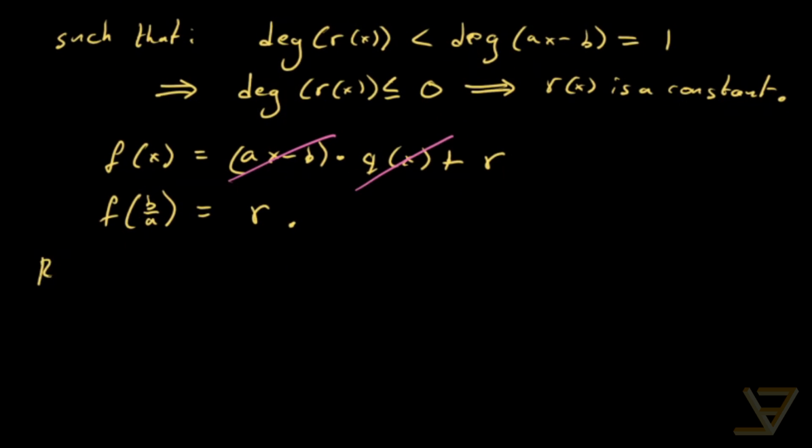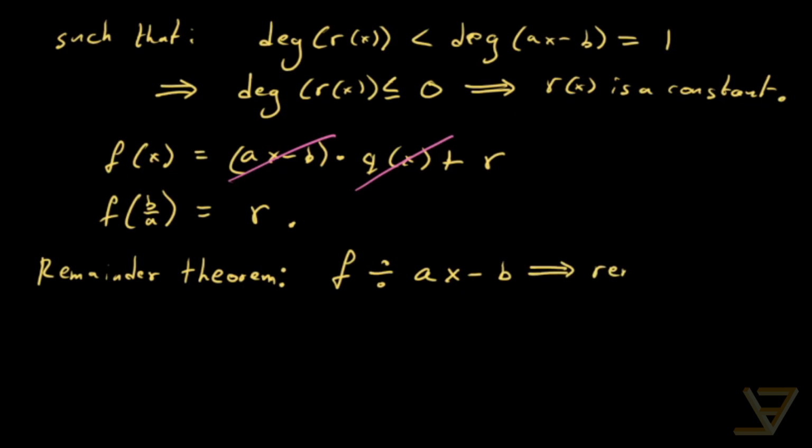The remainder theorem says that if you divide f by a linear factor ax minus b, then the remainder is a constant, which is f of b over a.